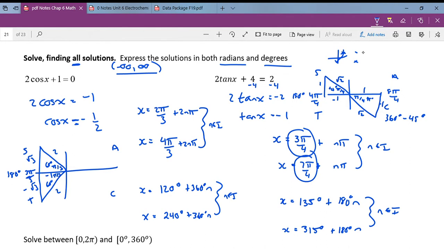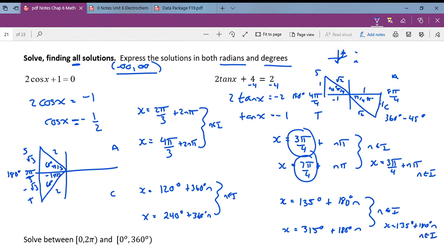I would accept it as an answer if you just go, hey, this is routine: every single answer I add 2n pi and it works, and that's great. You will get every answer, they'll just skip some. But for tan only, you're allowed to give just the first answer and add n pi, n an element of the integers. So in degrees, I could do 135 degrees plus 180 degrees n, n an element of the integers.